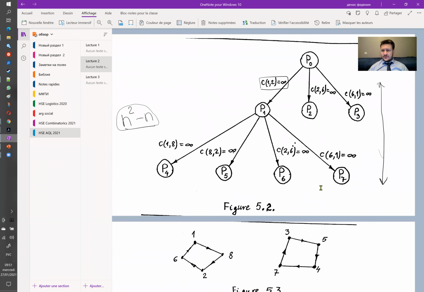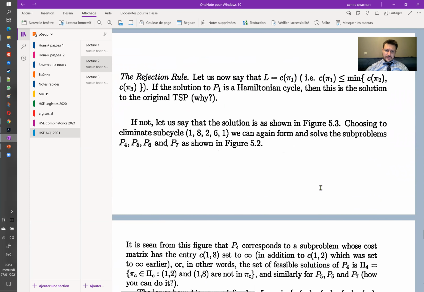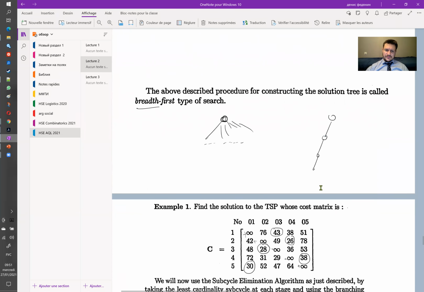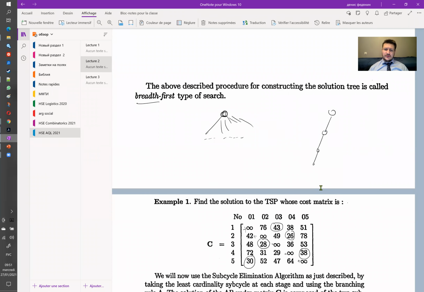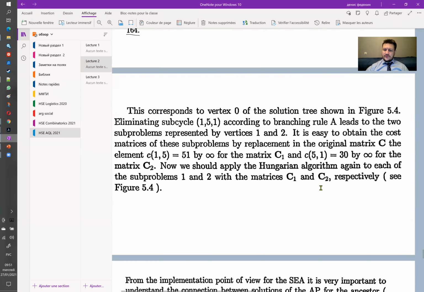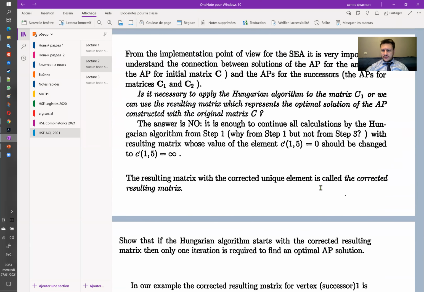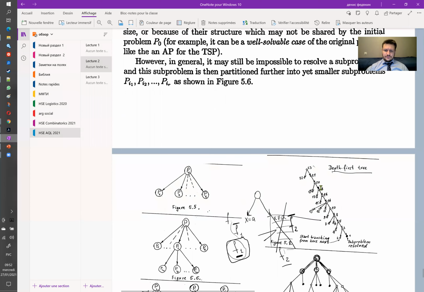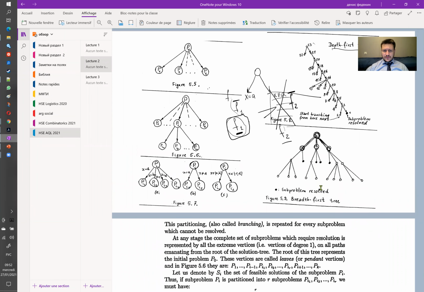We will discuss this idea today in more detail, but I would just recall that there is a rejection rule there, a breadth first algorithm, and there is an illustration of how we can use it. We can use the Hungarian algorithm here, and today we will discuss these pictures in more detail.